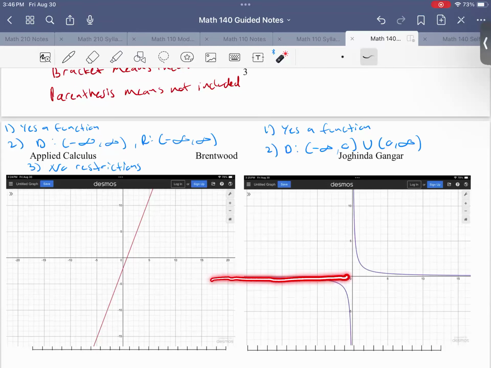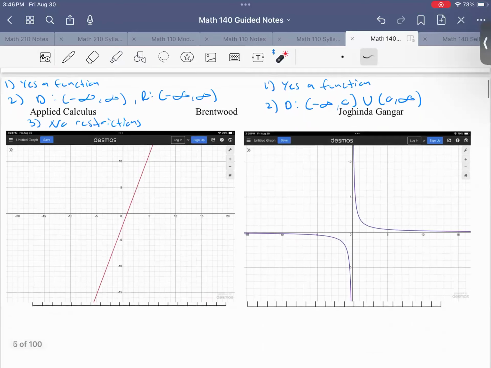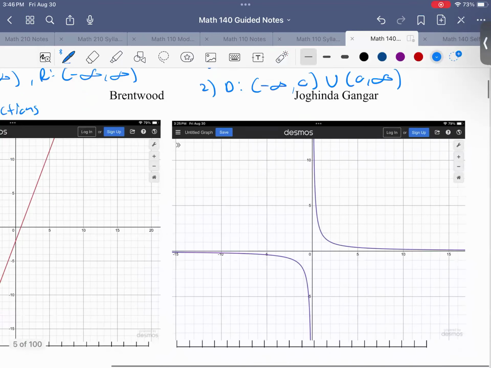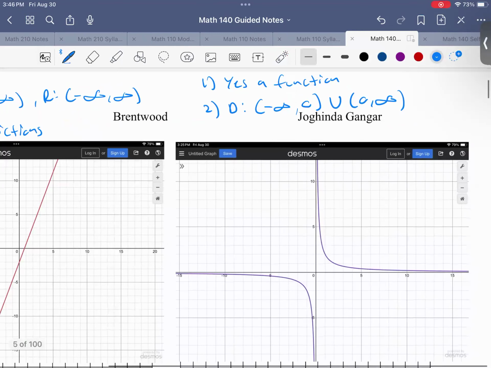Come here, got to stop here, and then keep going forward to infinity. So that's why we're stopping at 0, unioning it, and keep going to infinity. And then likewise, our range would be the same thing. So range would be negative infinity to 0, union 0 to infinity.